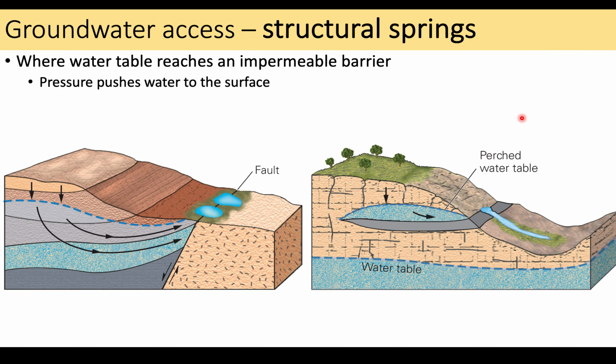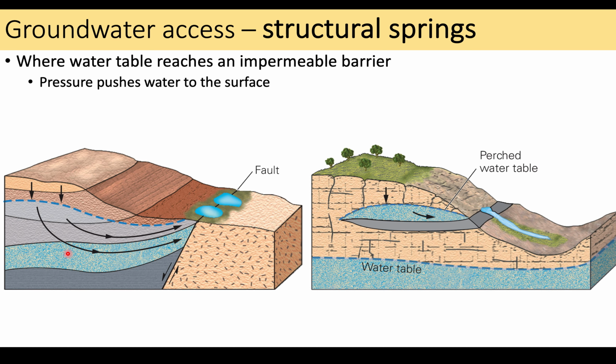There's also what we call structural springs. Very similar, it's where the water table meets the surface of the earth. However, it is caused by a geologic structure. It's caused by the water meeting some sort of impermeable barrier, and then the pressure is going to push the water to the surface. So for example, here we have a fault line.